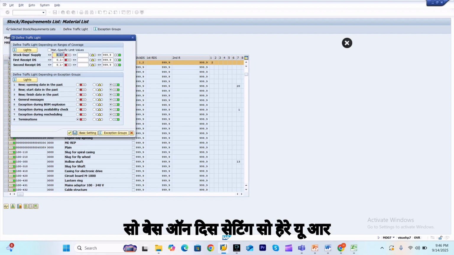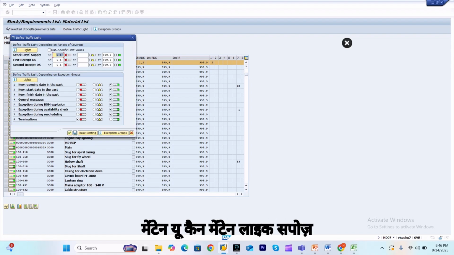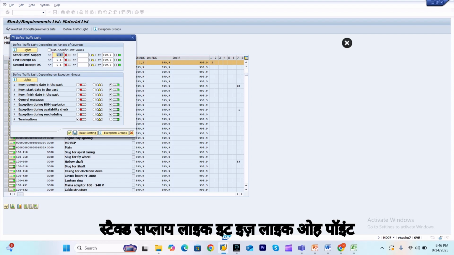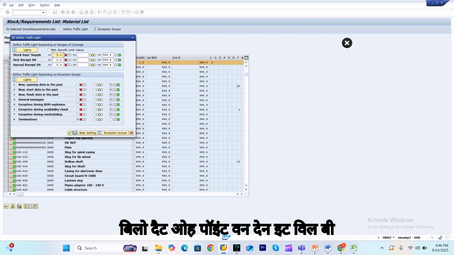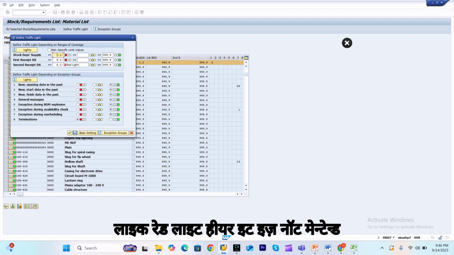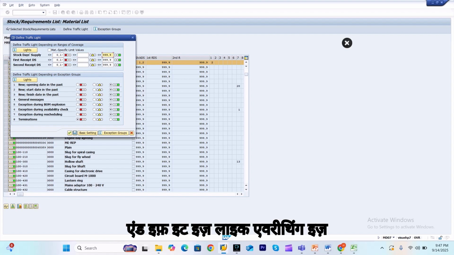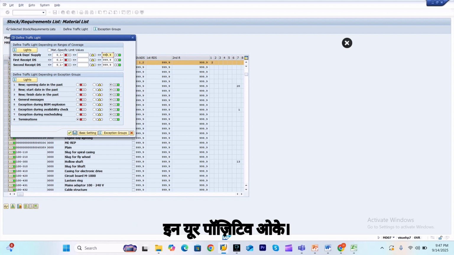So based on this setting, you can maintain, suppose stock day supply is below 0.1 in minus, then it will be a red light, here it is not maintained. And if everything is positive, then it will be a green light, like greater than or equal to.